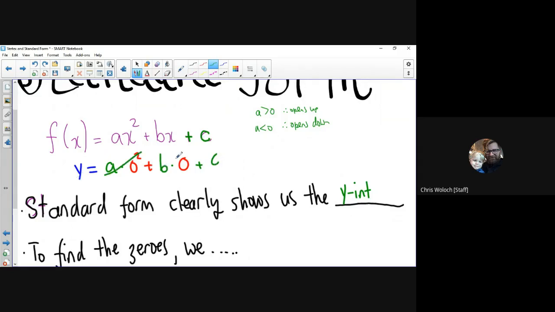Well, these go away, and I'm just left with y equals c. So in any standard form equation, the last term, the term that has no variable with it, will be the y-intercept. But again, that doesn't leave us with a lot of critical information to get a much better picture of it, okay?